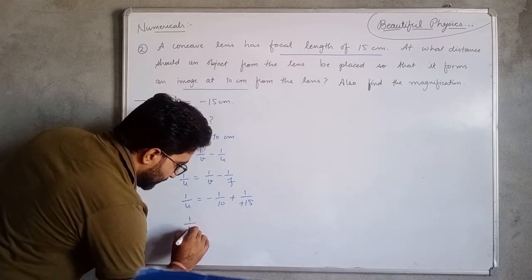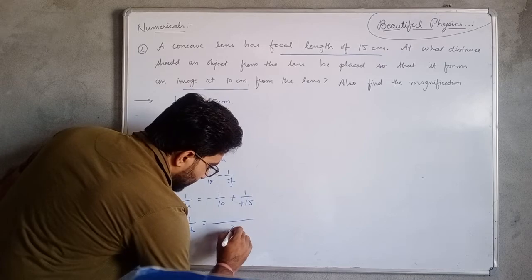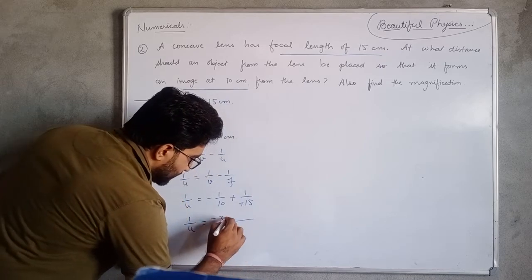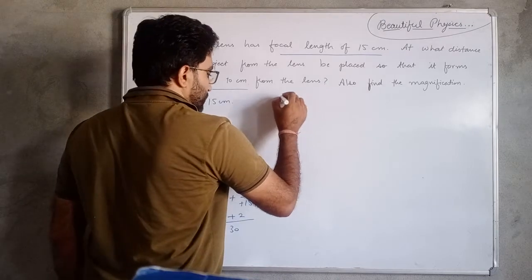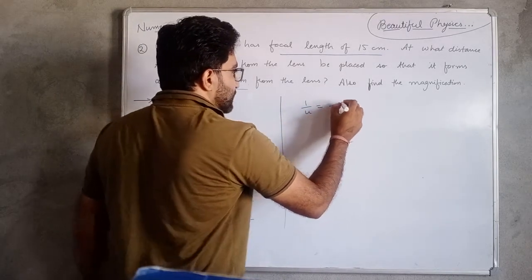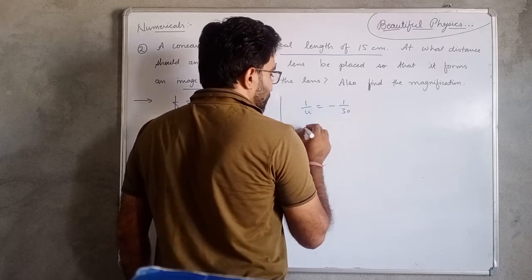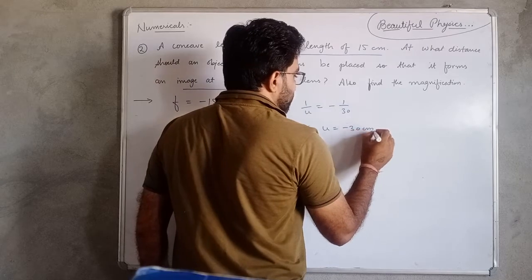Again 1 by u will be equal to, 30 will be the LCM and it is minus 3 plus 2. So the value of 1 by u is minus 1 by 30, or u is equal to minus 30 centimeter.